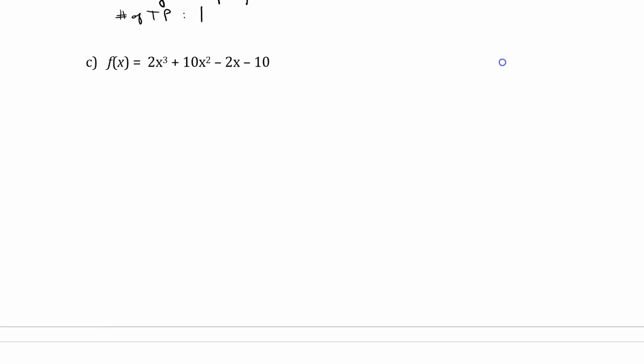Last but not least, let's talk about this cubic. So the type is going to be cubic. And we know that because the greatest exponent in the equation is 3.